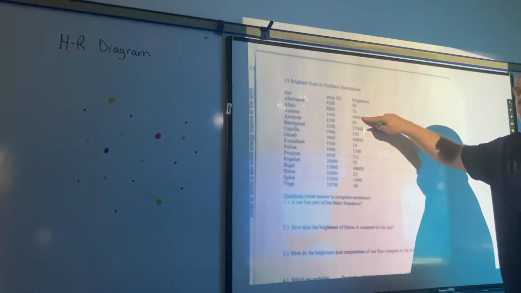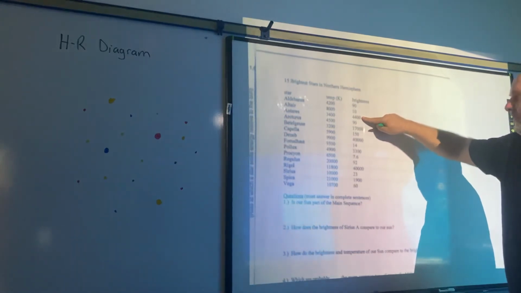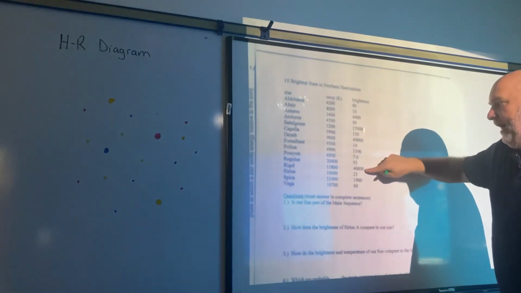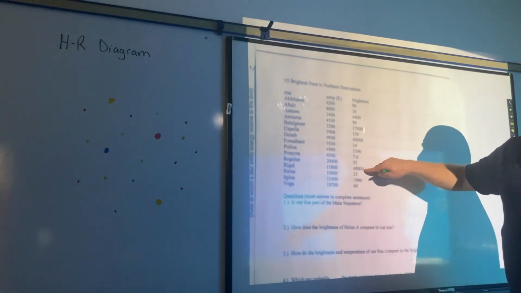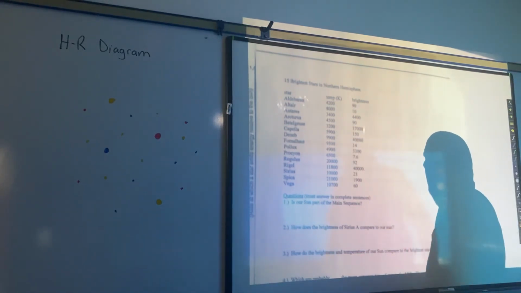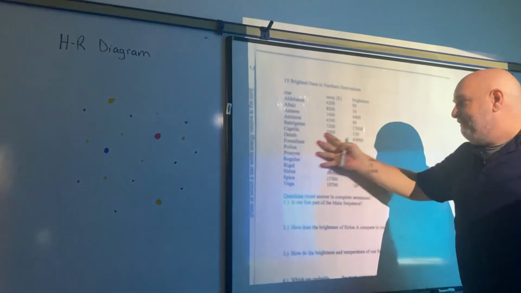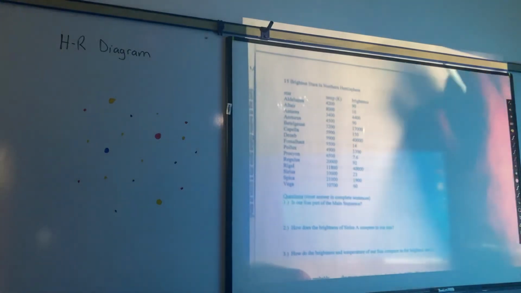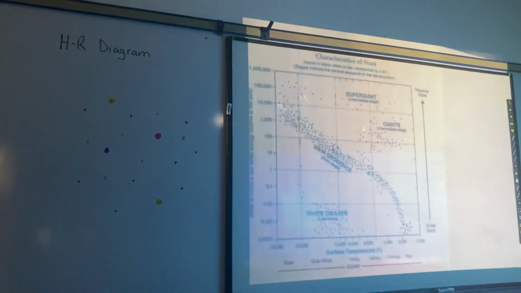That's 4,400 times brighter than the sun. Rigel is 40,000. That's 40,000 times brighter than the sun. So these are really bright stars. So you're going to pick a different colored pencil, and then you're going to plot those stars on this chart as well.